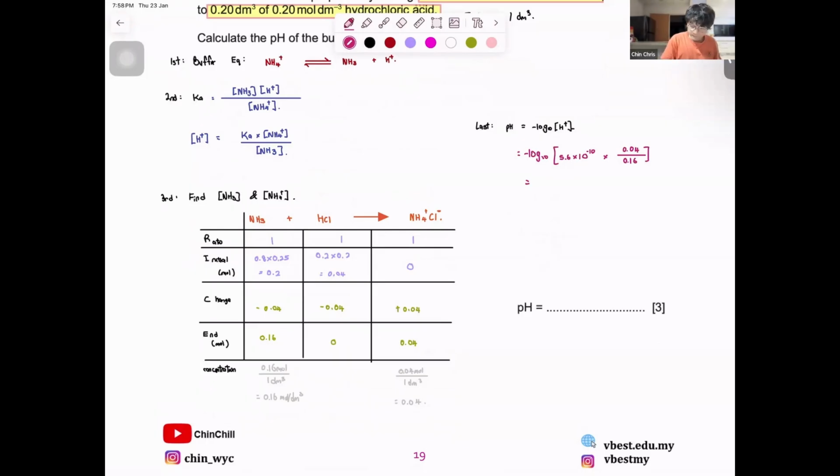What's your answer? Okay, so your answer is about 9.85. Done. Understand? Doable, guys? How is it?